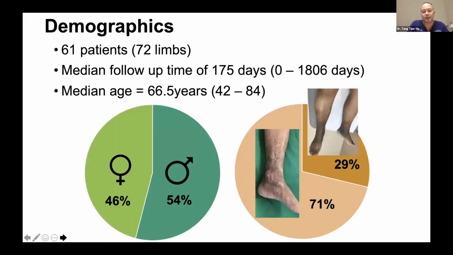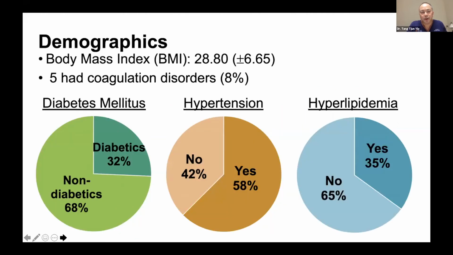You can see the split between male and females. You can see quite a lot of these have advanced stage of disease, and a lot of these had an ulcer. In terms of demographics, high BMI is expected, and a lot of our population here in Singapore are diabetic, but interestingly, only about 1/3 were diabetic.